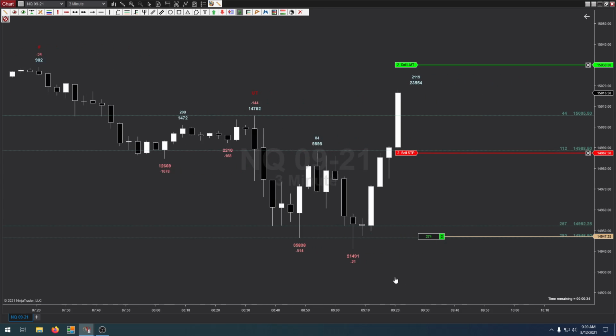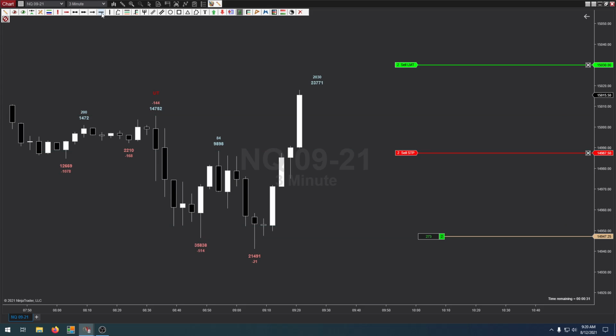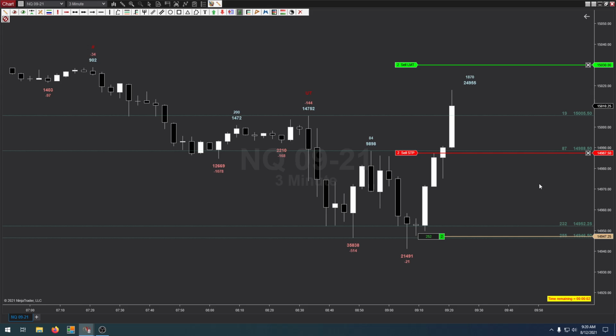The reason I'm questioning where to put it is because we have this pattern that's been completed right here and right here. That's been completed. That's a great place for rotation. I don't want to get stopped out below this right here. It's a great place for rotation. And I do not want to give anything back below here. I really don't. But I do want to give it a chance to get here.